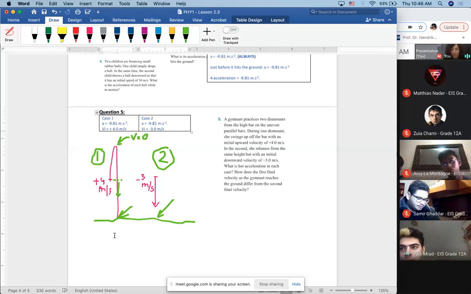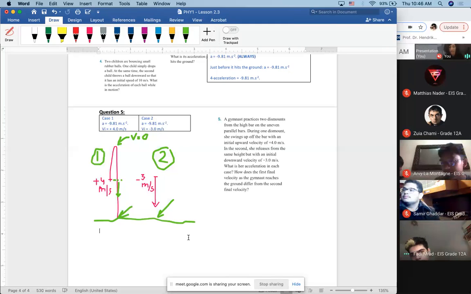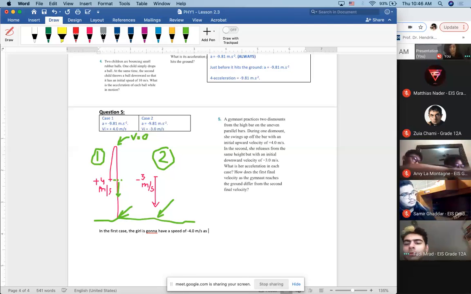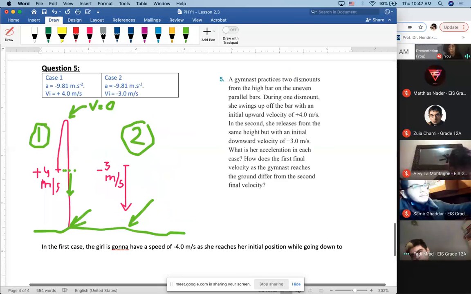So let's try to explain it by saying the following. I need to write here. In the first case, she's gonna have a speed of -4.0 meters per second as she reaches her initial position while going down to, I don't want to say hit the floor because she's not gonna hit, she's gonna reach the floor while going down.